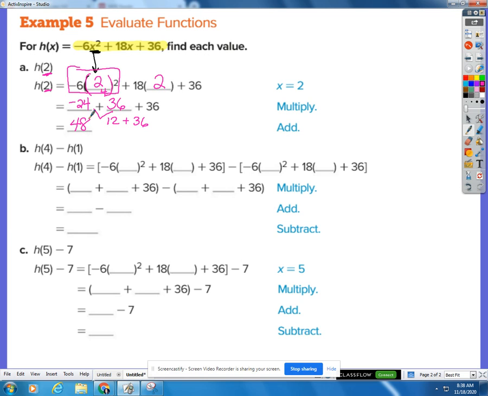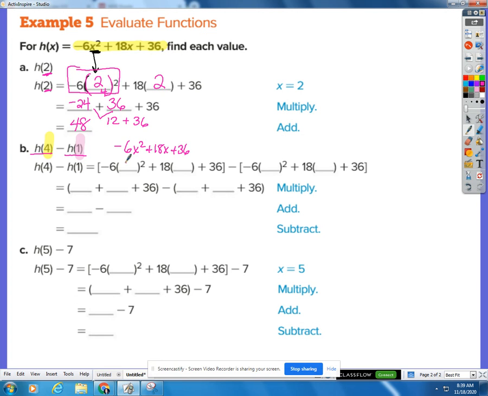In letter B, this is just like the problems we did previously. We now have 2 function inputs. X is 4 and x is 1. And so what we're doing is using that expression, negative 6x squared plus 18x plus 36, twice, because we are evaluating that function twice, subtracting the domain of 1 from a domain of 4.